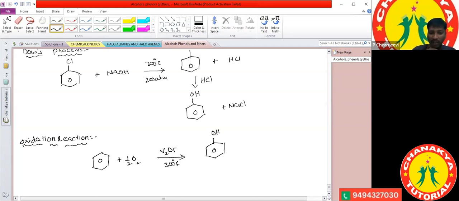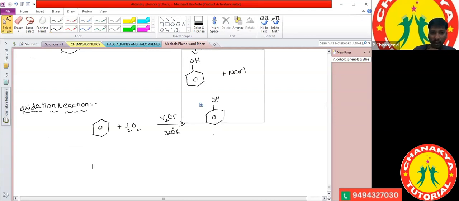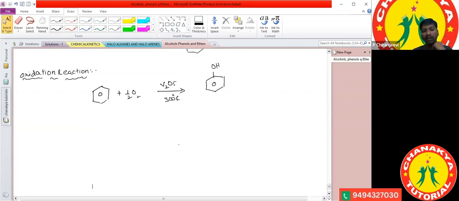And what is another method we have? Benzene reacts with oleum to form benzene sulfonic acid. From benzene sulfonic acid also we can prepare phenol.